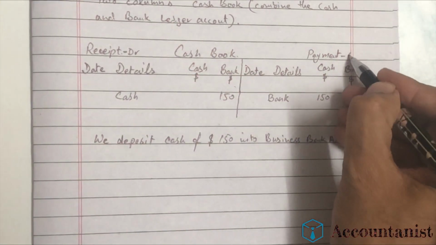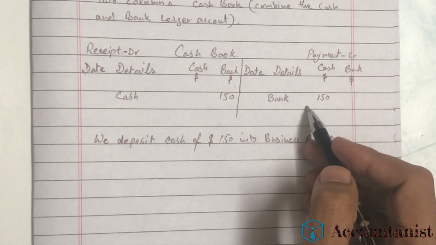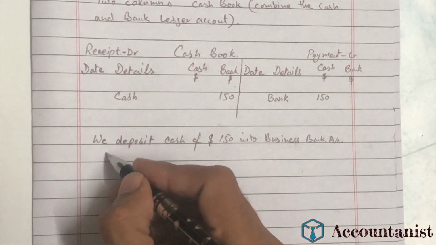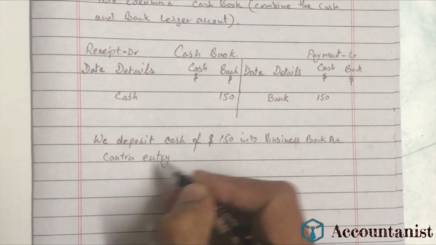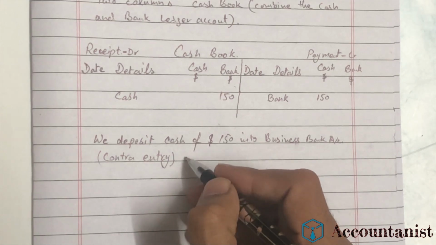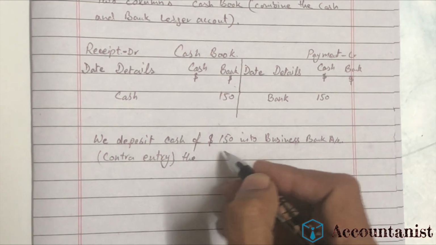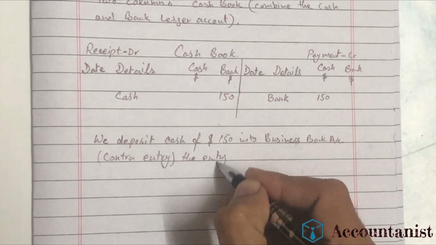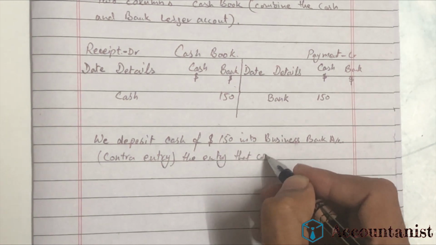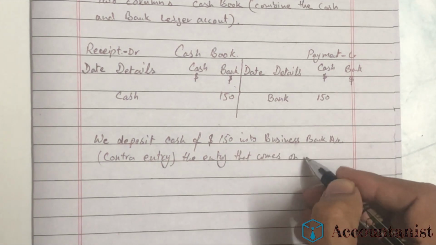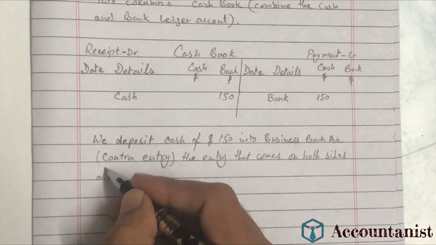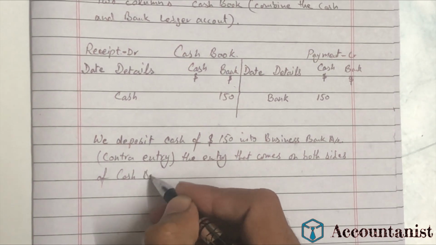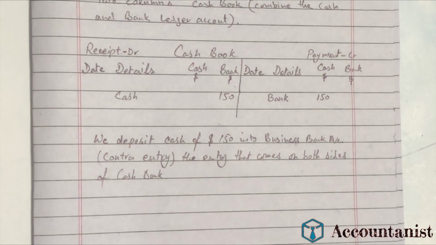This entry we name a contra entry, meaning the entry that comes on both sides of the cashbook. That's a very important entry that students usually get confused with.